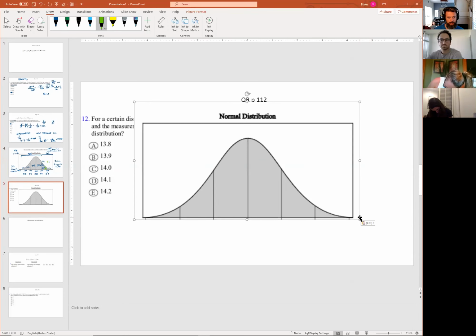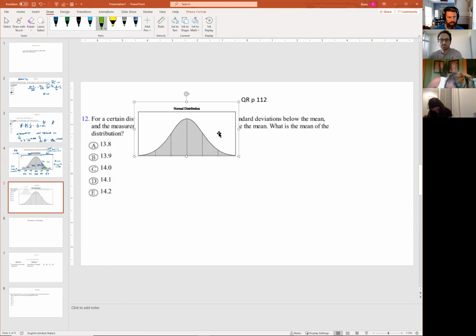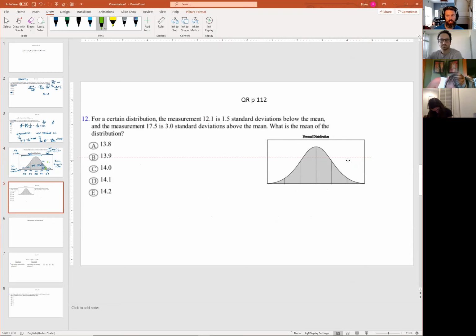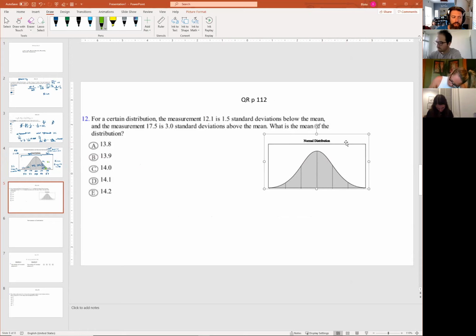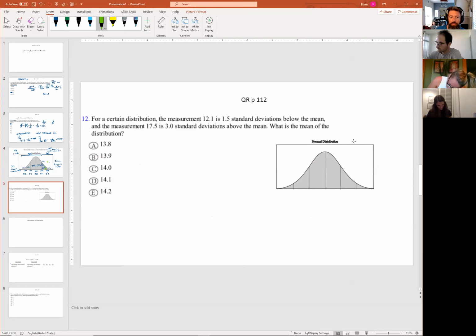I'd like you guys to make a real quick drawing like this and use that and see if you can estimate the answer. I don't want you to actually get the answer, but if you feel confident that you can, go for it. But if not, just try and estimate your answer. I'll give you guys a minute to try that.